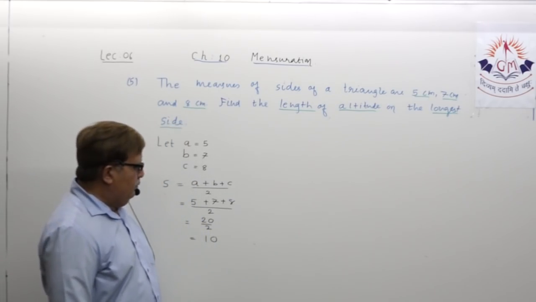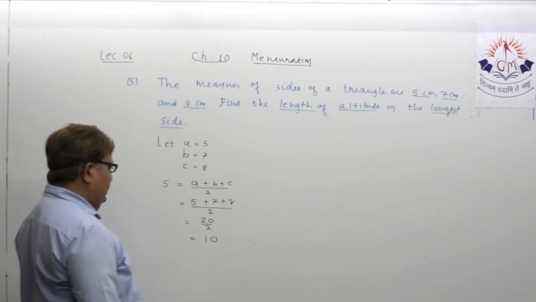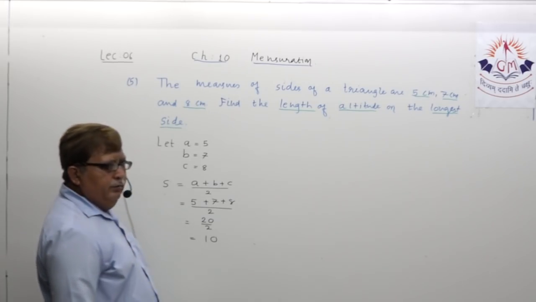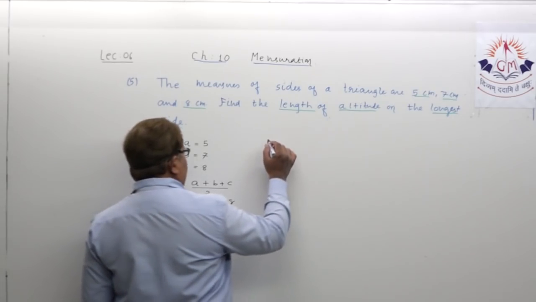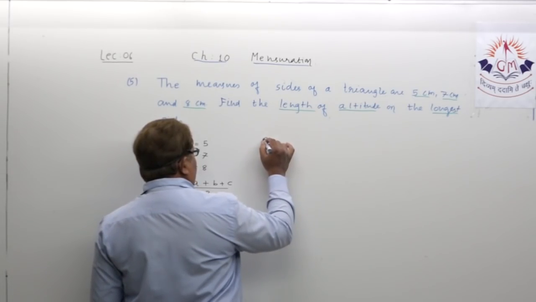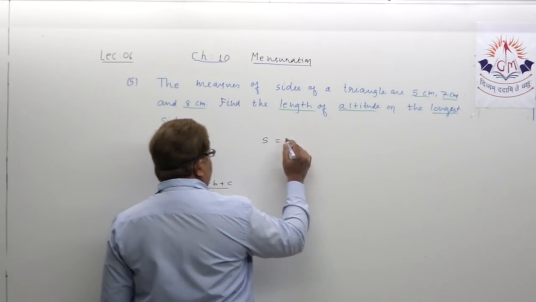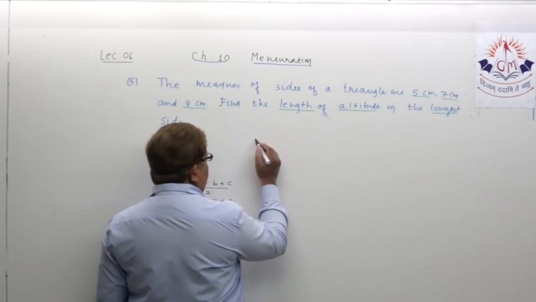After we got semi-perimeter, let us try to find the area by Heron's formula. What was that?